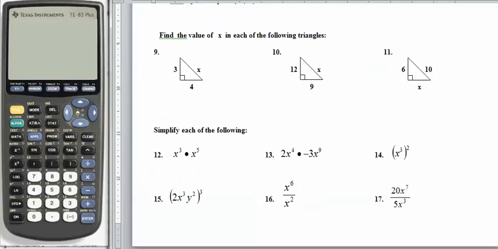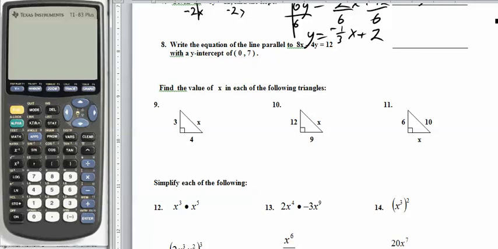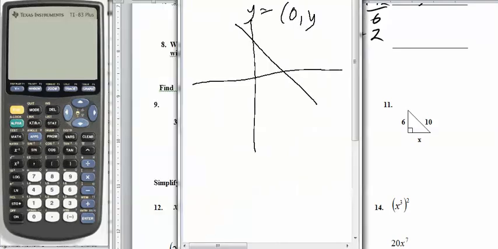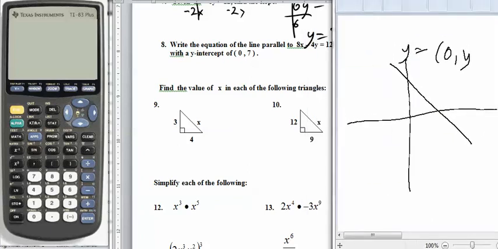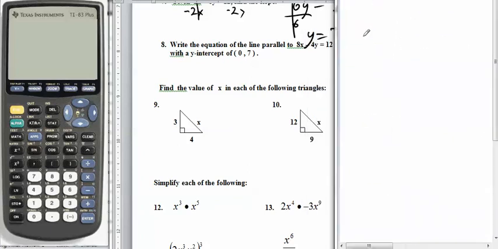A couple more on this page. In fact, I may break this page up again. So write the equation of the line parallel to 8x minus 4y equals 12 with a y-intercept of 7. Okay, this is a pretty big problem. So let's see what we can do. All right, so again, if it's parallel, it's going to have the same slope.